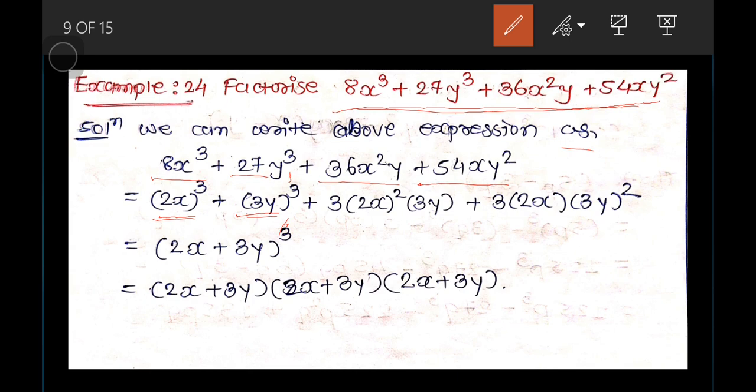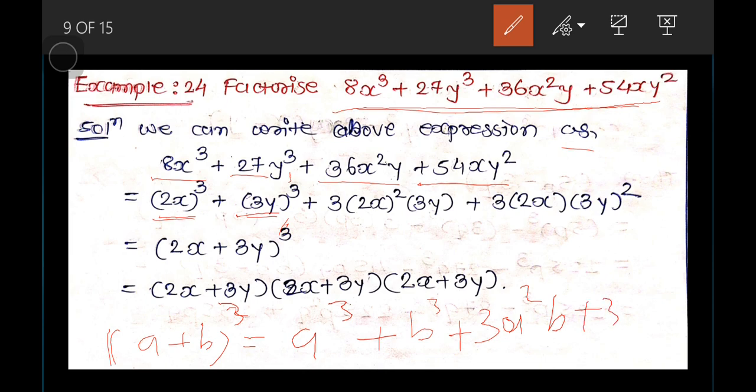So now we can use the identity, that is, (a plus b) all cube is equal to a cube plus b cube plus 3a square b plus 3ab square. So here we can take a as 2x and b as 3y.